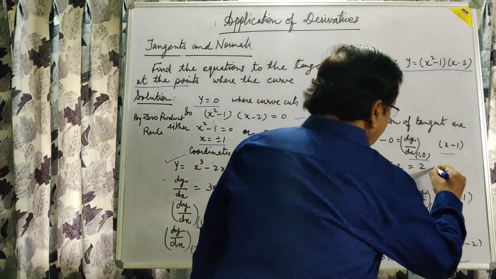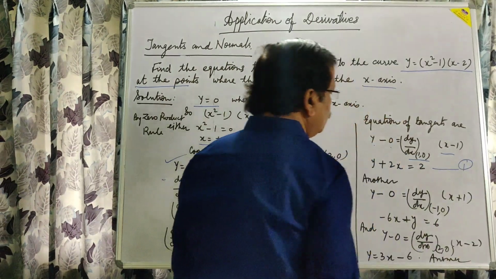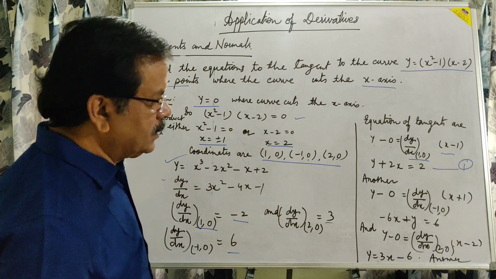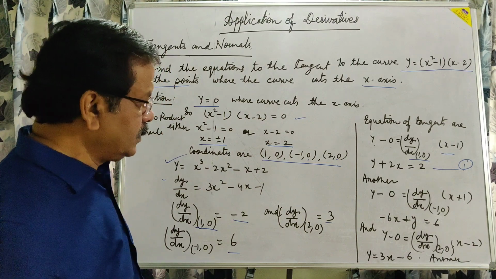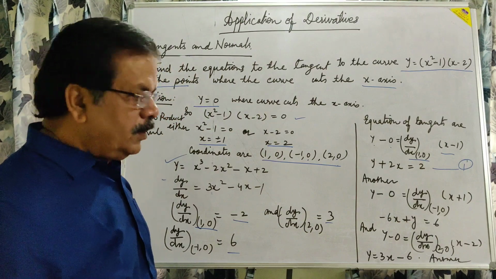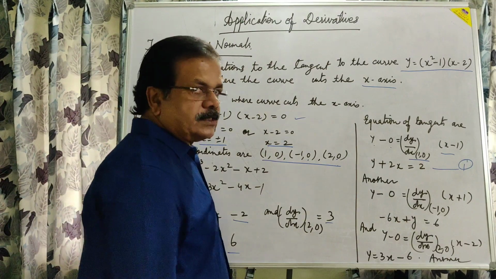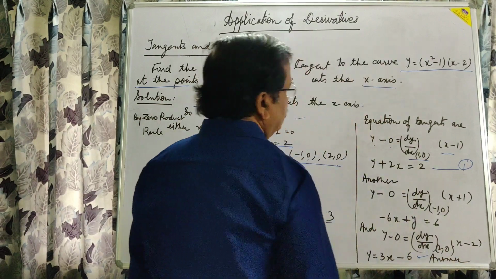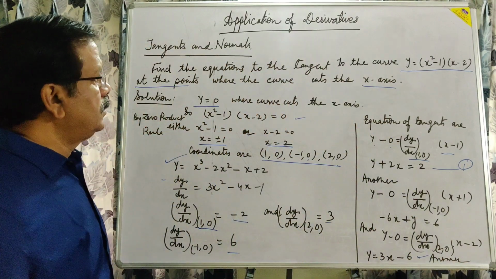The first tangent we get is y + 2x = 2. The second tangent in the same way is -6x + y = 6. And for the third coordinate, that is (2, 0), using the same formula we get y = 3x - 6. This is all about this question.